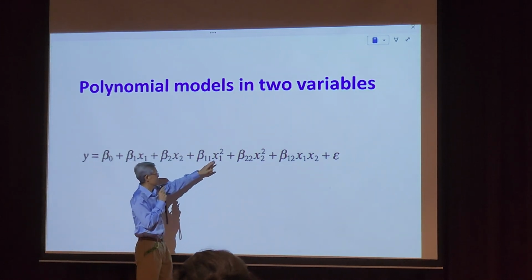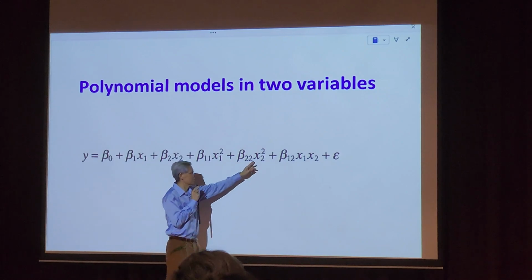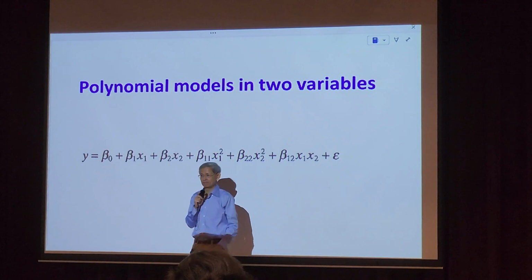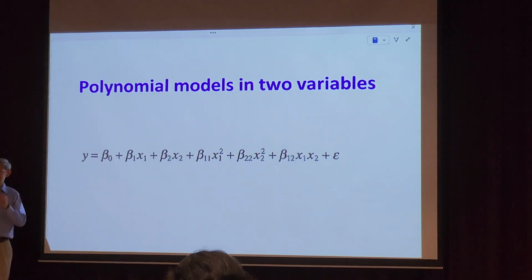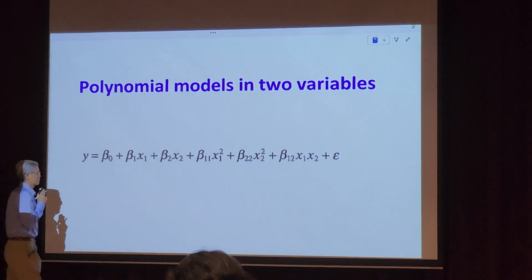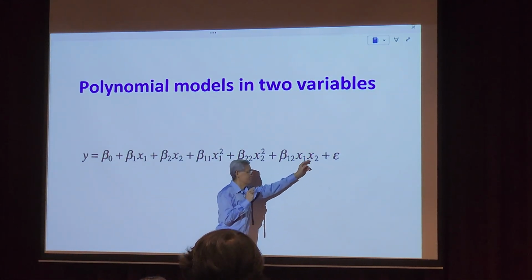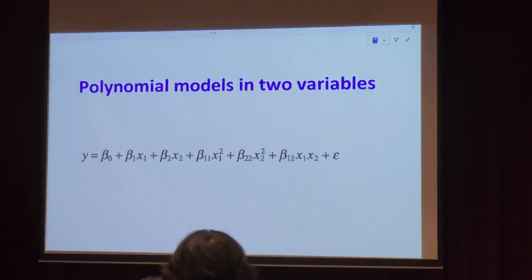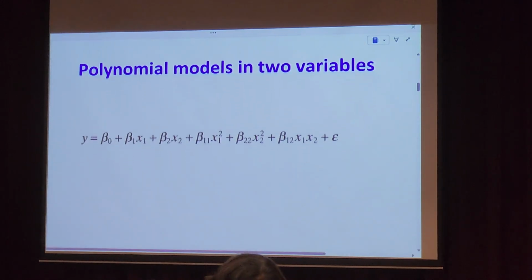So this is the quadratic component of x1, quadratic component of x2, and this term, x1 times x2, is called the interaction term. Right? Now, a proper understanding of interaction term is important in regression. And I will explain it as we go along.